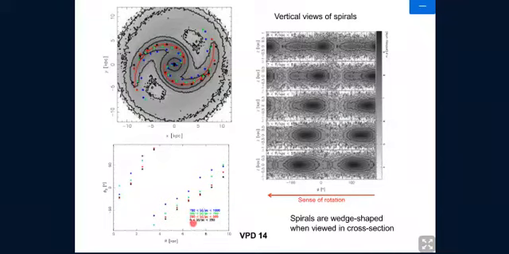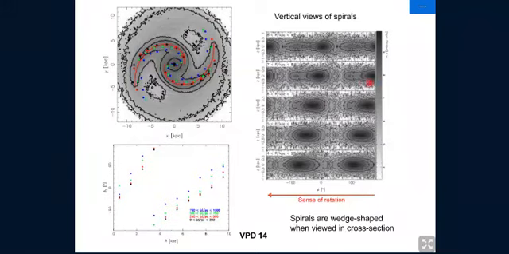The midplane is the black, then you go one scale height upwards, that's red, another scale height upwards is green, and then blue is the last scale height up. Black is always on the leading side here. Rotation is going towards smaller angle. So in the midplane, the spiral leads in some ways.